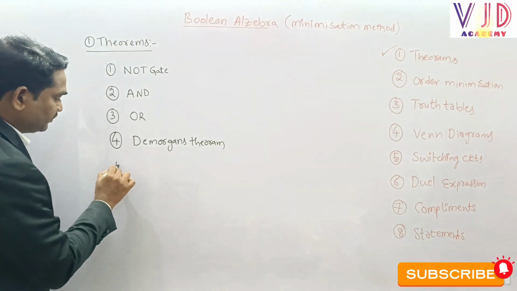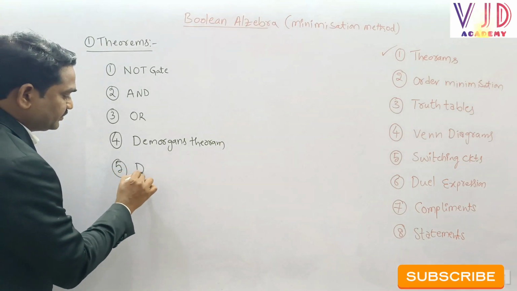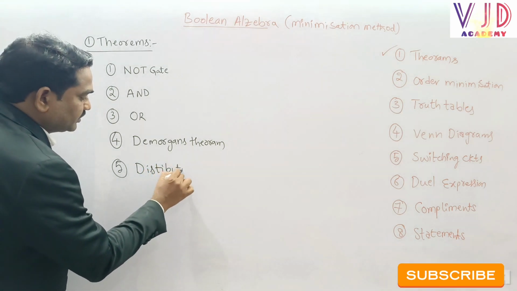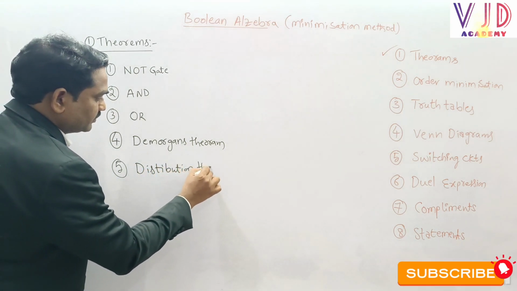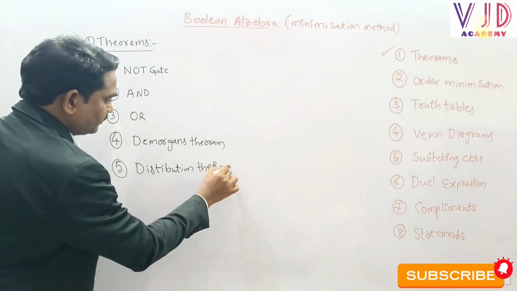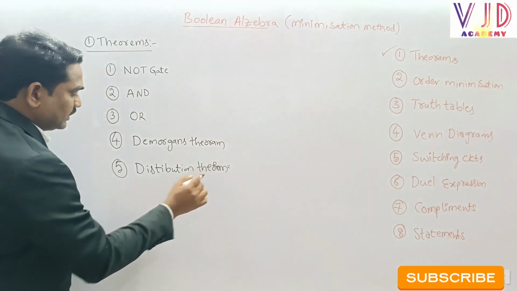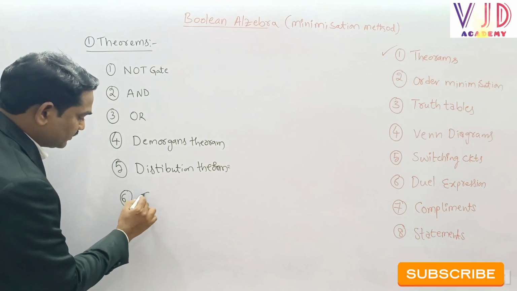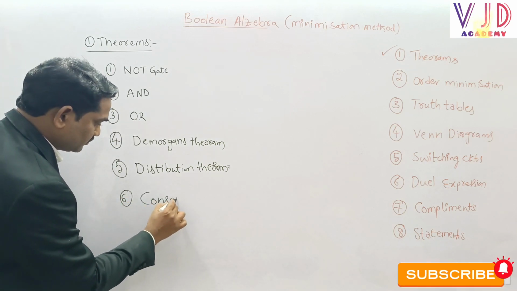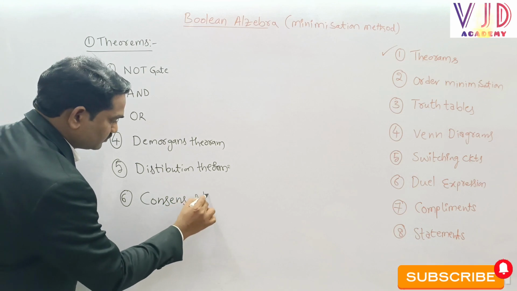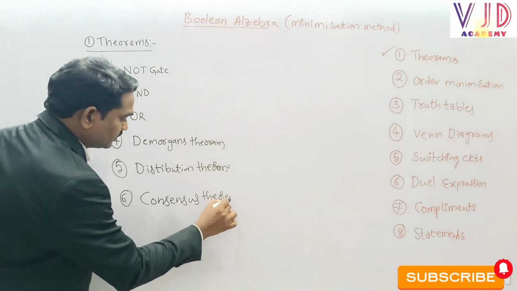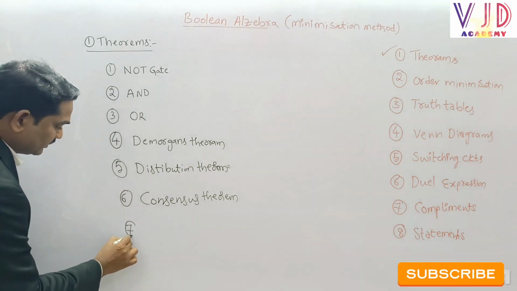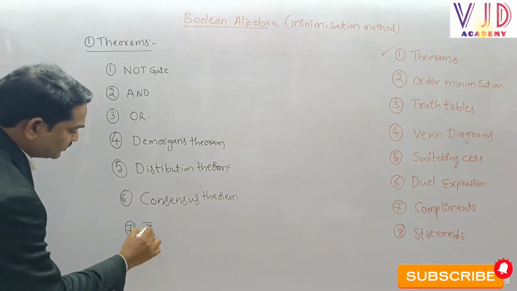The fifth is the distribution theorem, the sixth is the consensus theorem, and the seventh, the final one, is the transposition theorem.